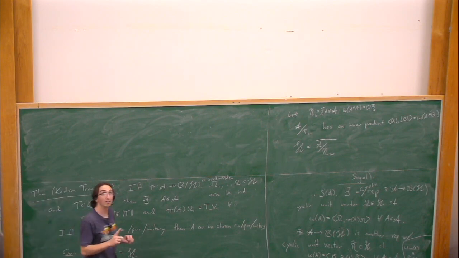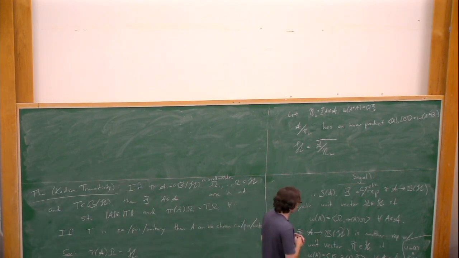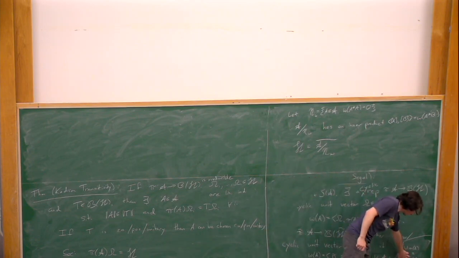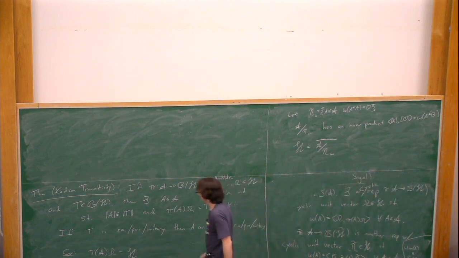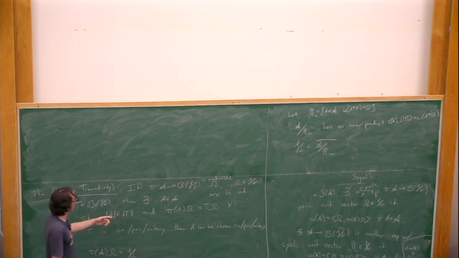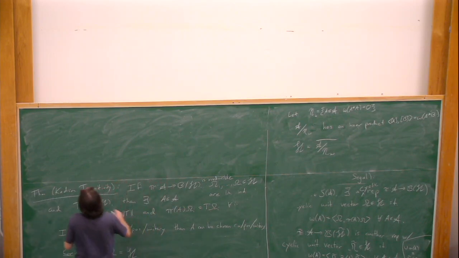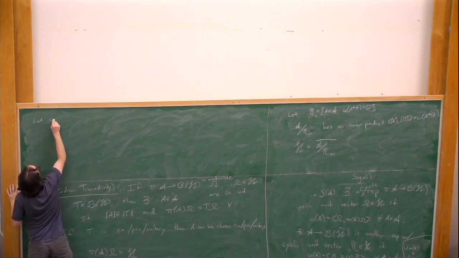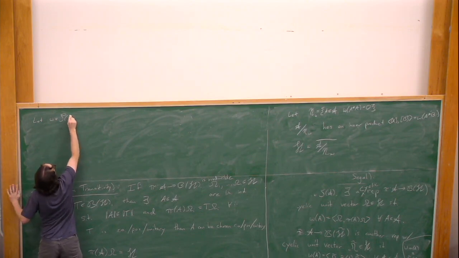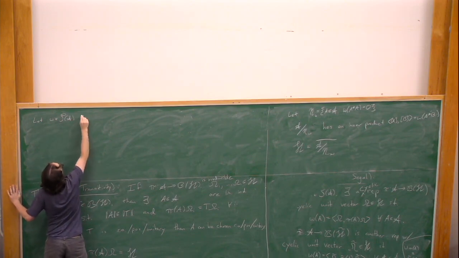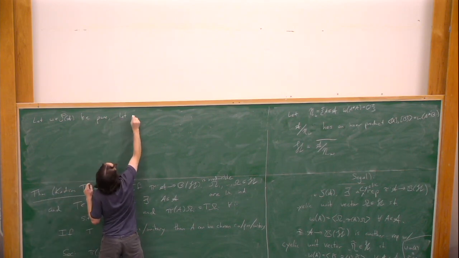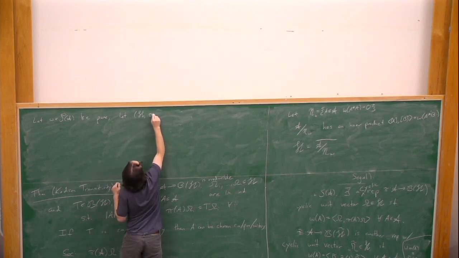So I have a couple minutes left. The last thing I want to highlight is this unitary equivalence. So we had unitary equivalence of representations coming up here. Let's say we have a state in a GNS representation, so let omega in the state space of A be pure, and let H pi omega be its GNS rep.